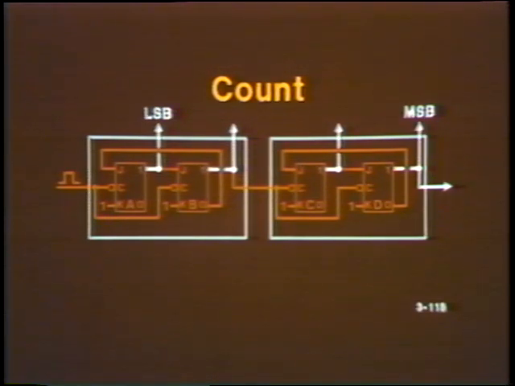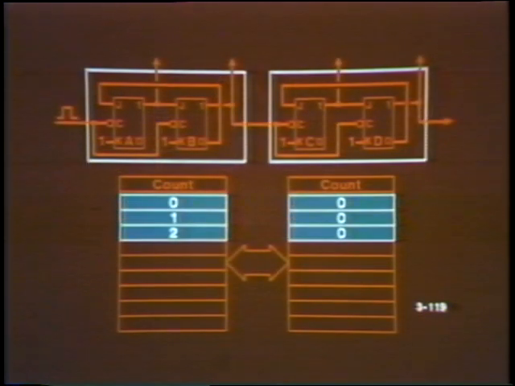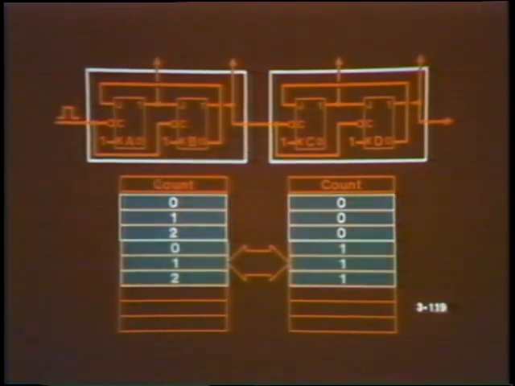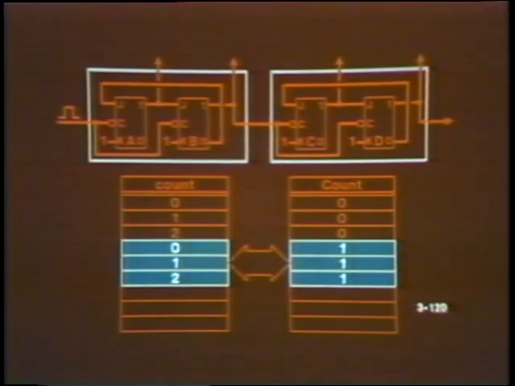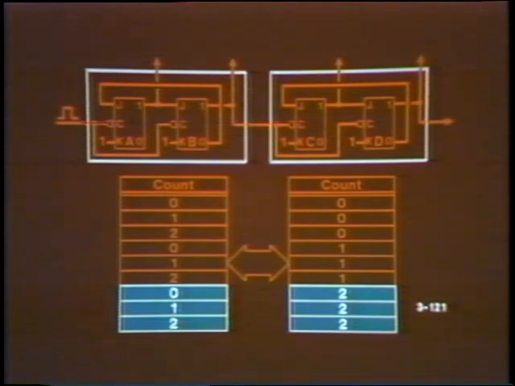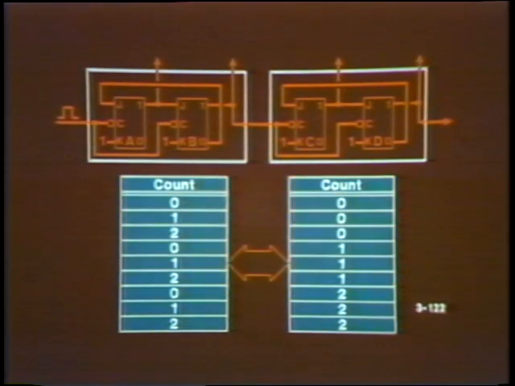Assuming that both counters are initially 0, let's see how the cascade operates. The first counter cycles through its three-state sequence once while the second counter is 0, once again while the second counter is 1, and once more while the second counter is 2, resulting in 3 times 3, or 9 possible counts.